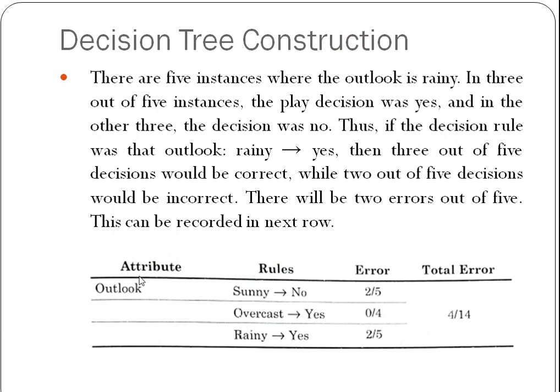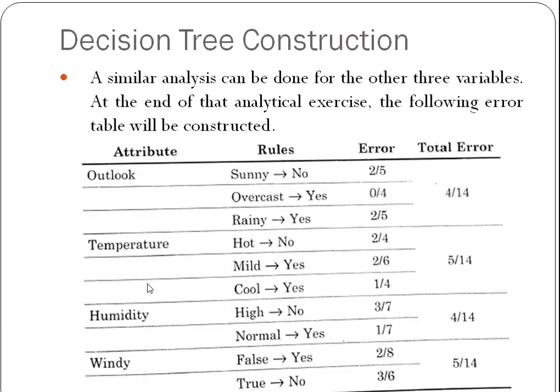Now whatever we did for the first attribute, outlook, we will do the similar thing for the next variable, let's say temperature. In temperature, if you use the rule hot no, it will fail in 2 out of 4 situations, and similarly mild yes will fail in 2 out of 6 situations, and cool yes will fail in 1 out of 4 situations.